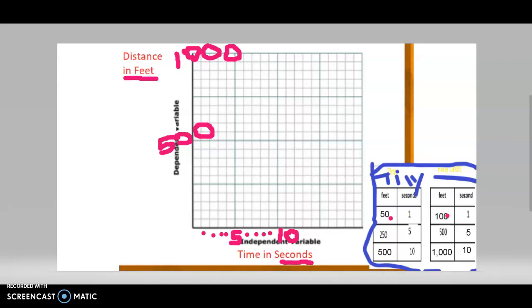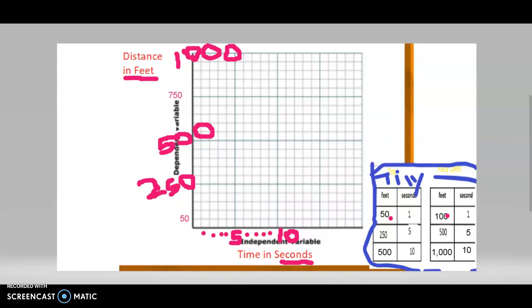It's going to get crazy out there, but see if you can figure that out. Okay, so what I ended up doing was counting by 50s over here. So the very first line down here is 50, and I counted by 50, and I got up to 250, 500, 750, and 1,000.